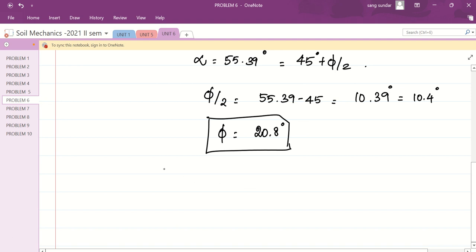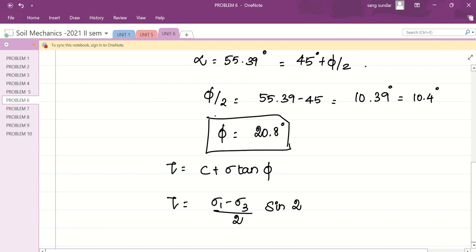So if you ask me to calculate the shear strength tau, you can even report the shear strength tau, which is tau is equal to c plus sigma tan phi. Here we don't know how much our normal stress is. Instead, you can use our other relationship, which gives us tau is equal to (sigma 1 minus sigma 3) by 2 sine 2 theta.